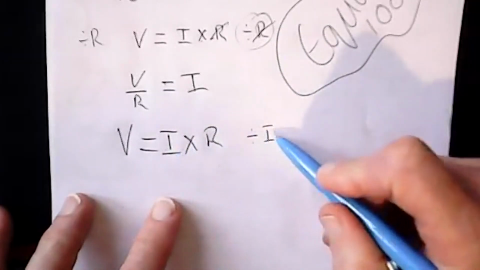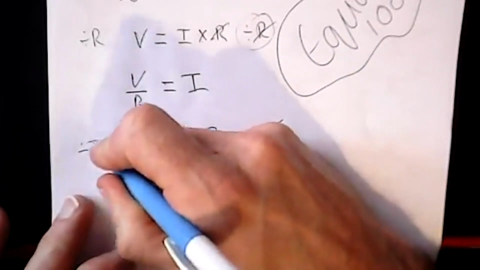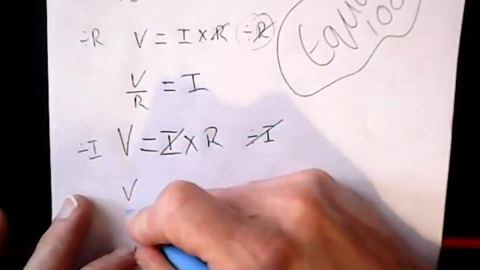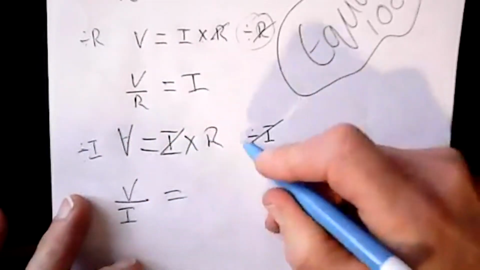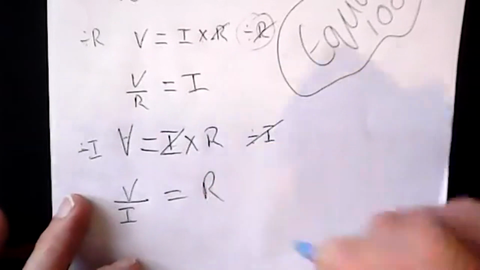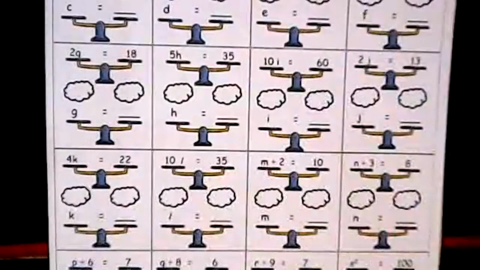They cancel, and then I do the same thing on the other side. So we end up with V divided by I equals R, as the I's cancel. That's it really. Whatever you do to one side of the equation, you do to the other to balance things out.